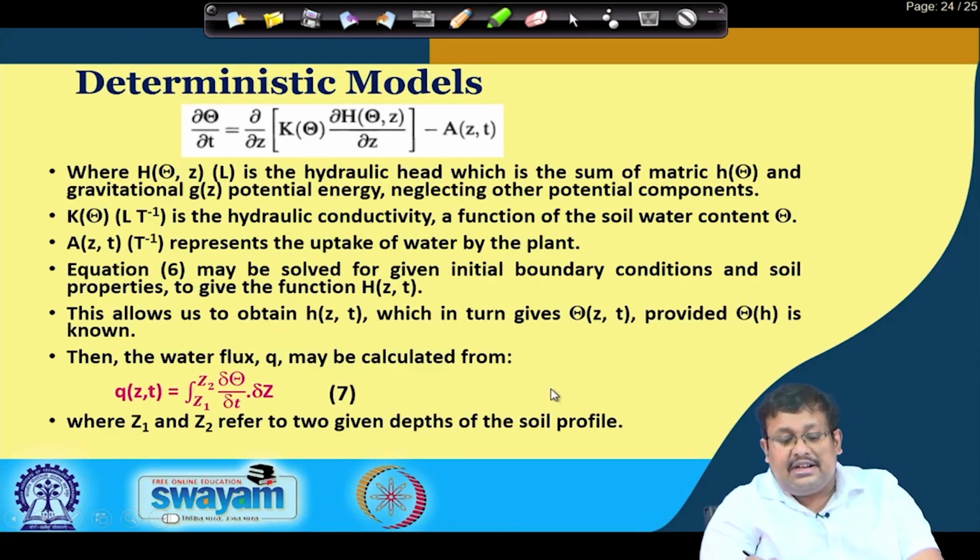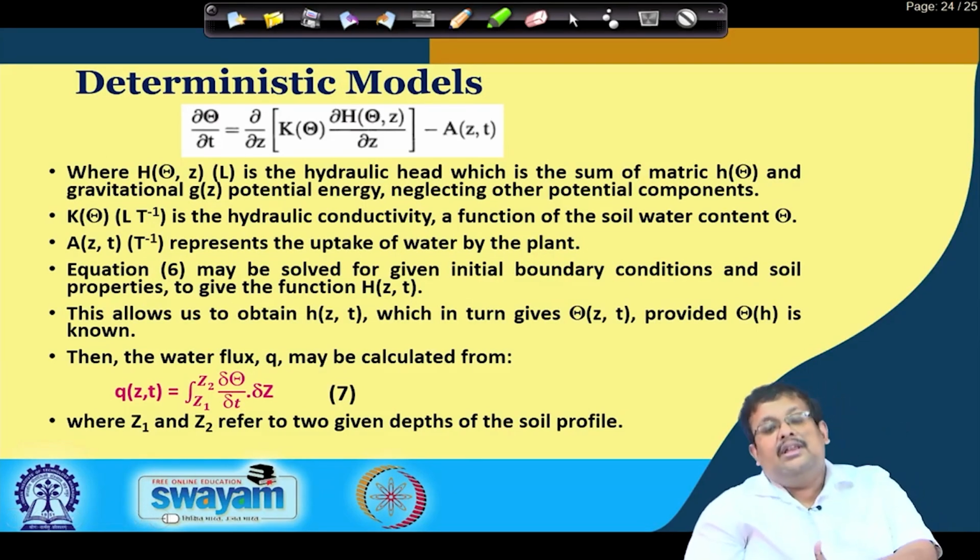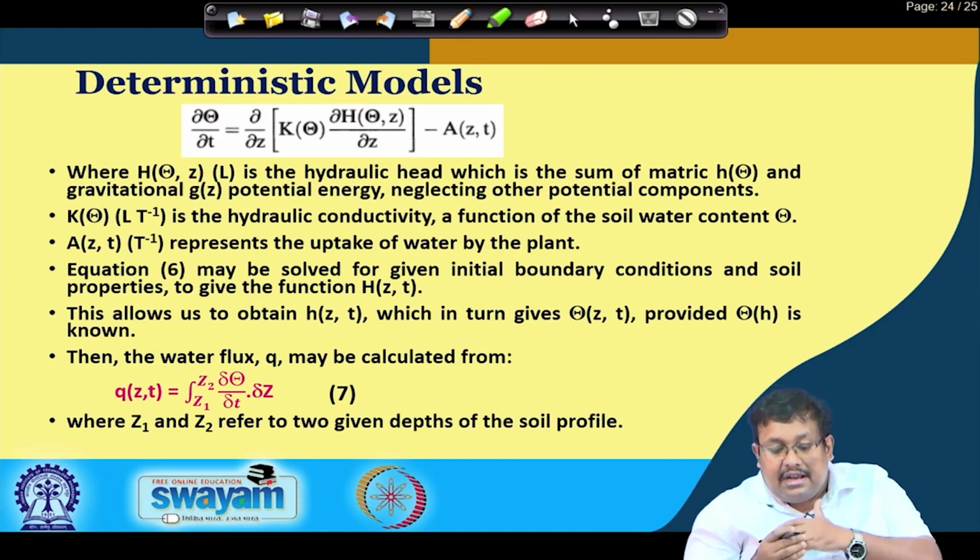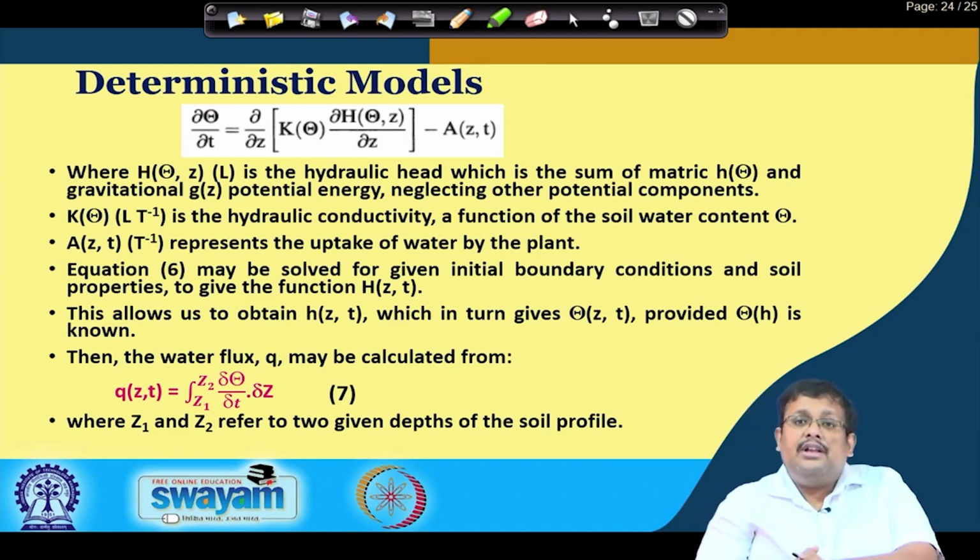Now, this transient vertical flow equation has been described in terms of hydraulic head, in terms of volumetric water content, in terms of hydraulic conductivity, and this is how you can obtain those values. So, this is one example of a deterministic model.